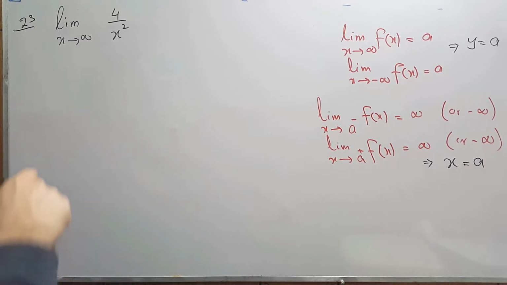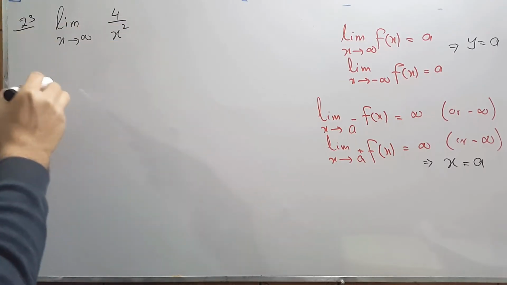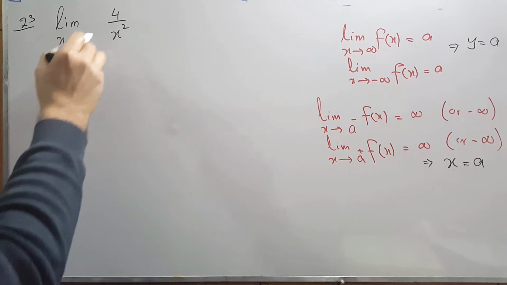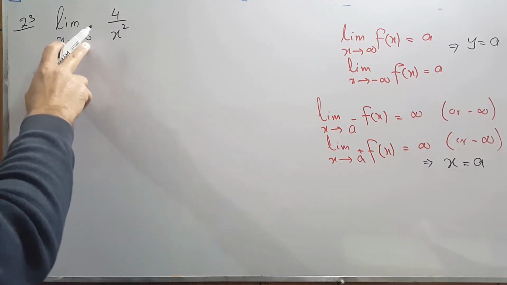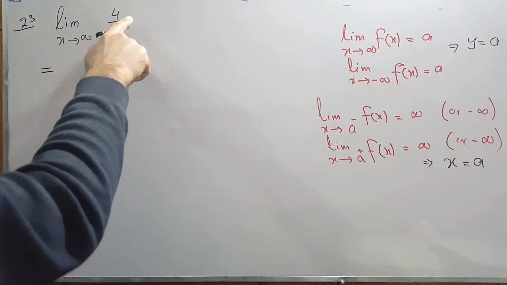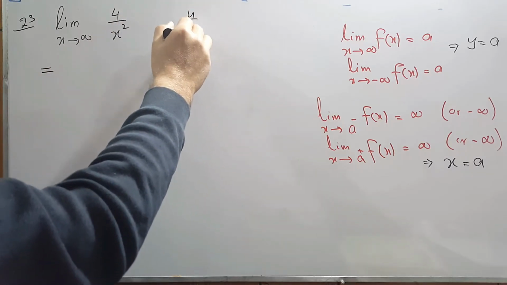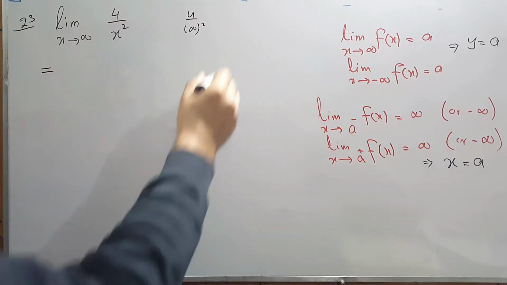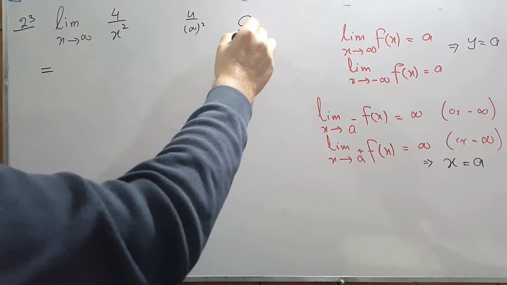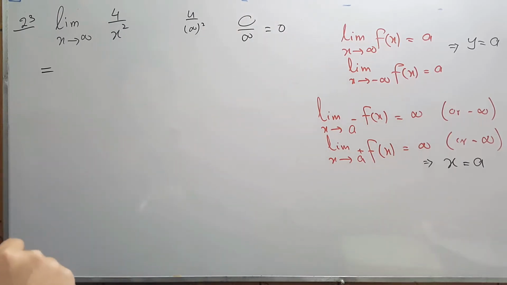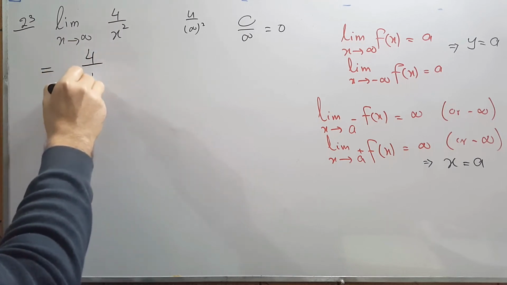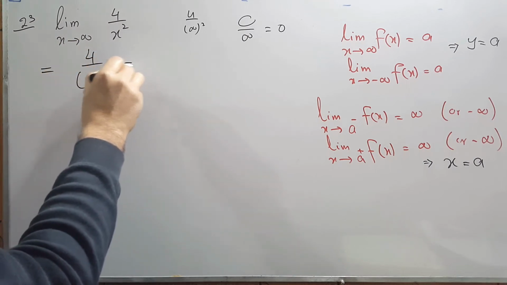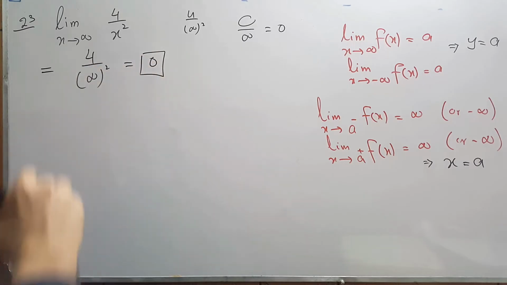So if we have to calculate the limit of this function, then we can see that if we replace x with infinity, that would give us 4 over infinity square, and anything divided by infinity is equal to 0.